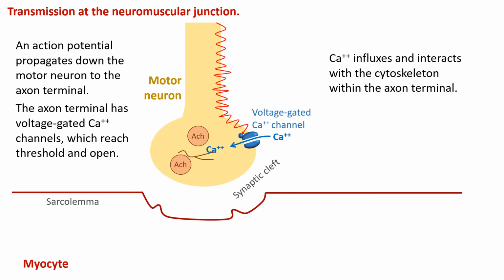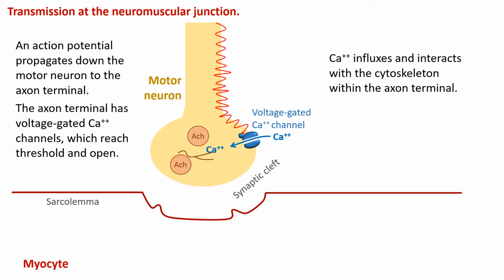And this calcium is not to be confused with our calcium that is later released within the myocyte. Remember, we're still in a motor neuron here. That calcium is being released into the myocyte to bind to troponin. Totally different calcium. It's all calcium, but this is a different set of calcium.